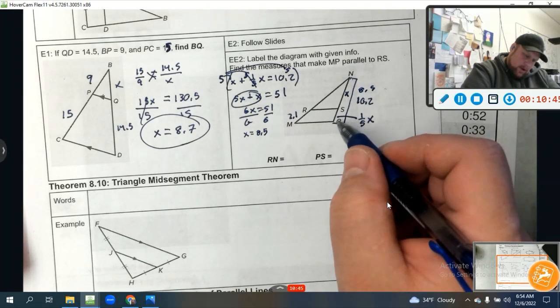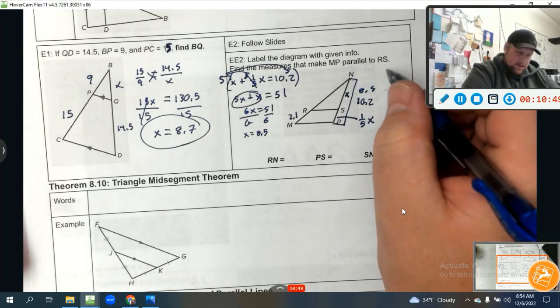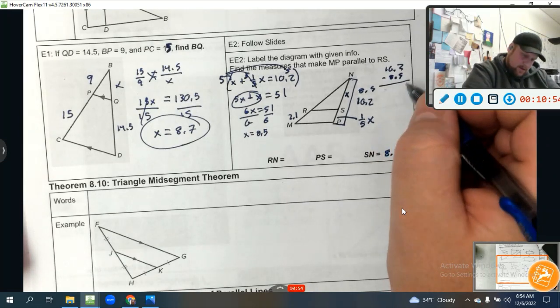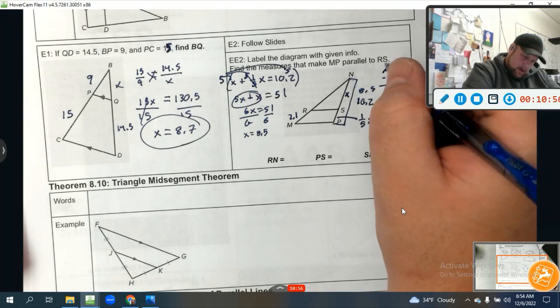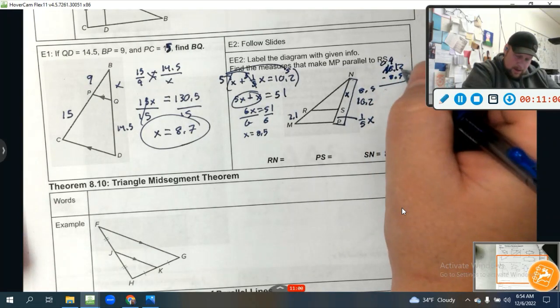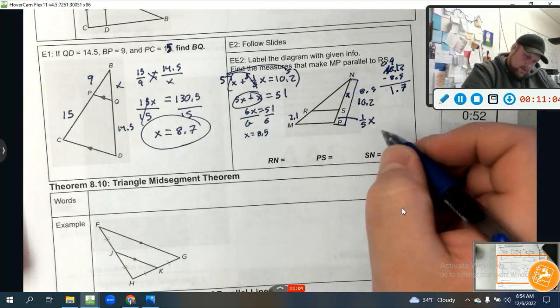Which also means PS is, you can either do 10.2 minus 8.5: borrow from there, make that 9, 12 minus 5 is 7, 9 minus 8 is 1, so it's 1.7.